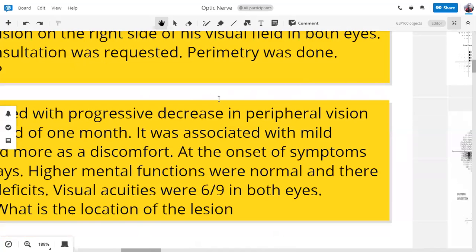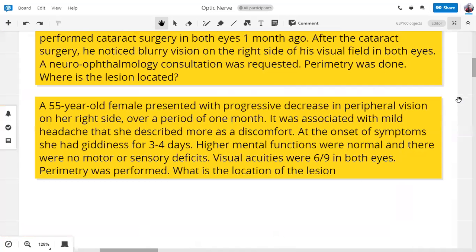And the last case for today, a short topic. Again, let's see where the location of the lesion is. And with the rest of the history, we'll do a little correlation. But the important thing is that we have to see the visual field. We have to locate the lesion based on the anatomy.